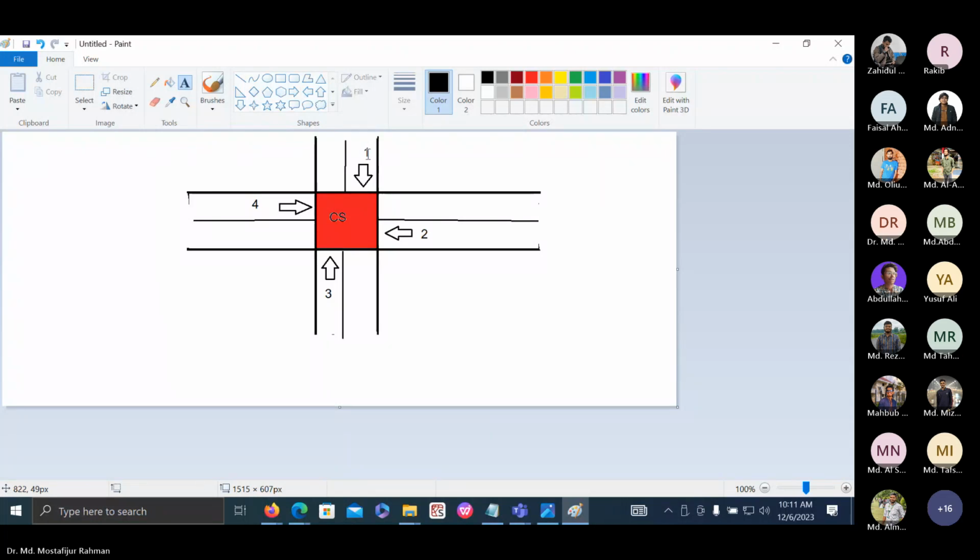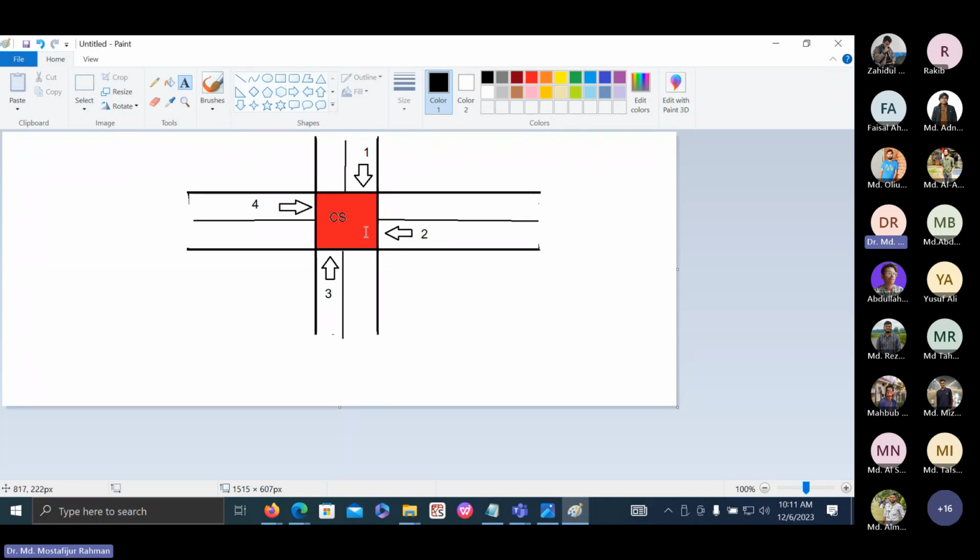Like here, only one can go, one can access the CS part. Once the red light comes on for car one, then car two will access this. Then once the red light comes on in front of car two, then three will open. So this is one by one opening of access to this red color space, this critical section.